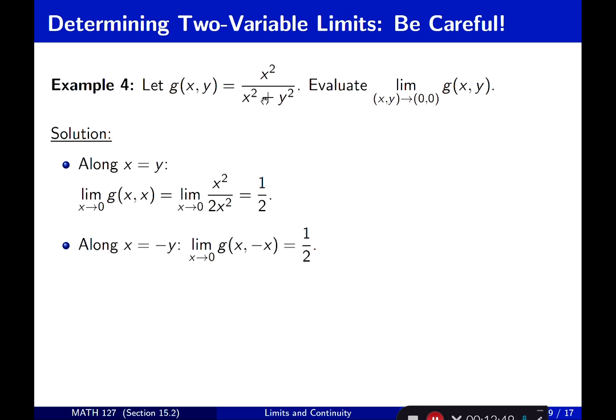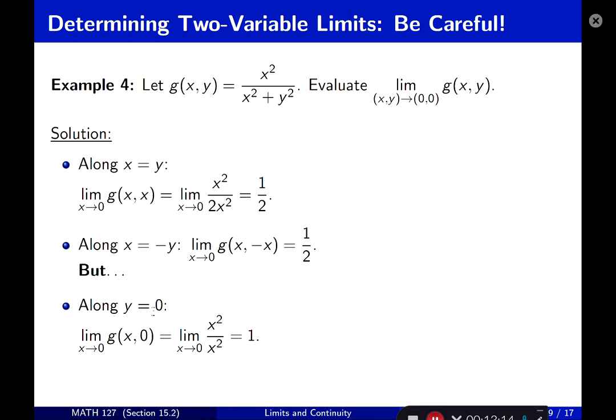Is it true that this function has a limit as x and y approach 0 and 0? No, actually it's not true. Here's a third path that tells you that it's not true. So let's approach from the parameterized curve y equal to 0.